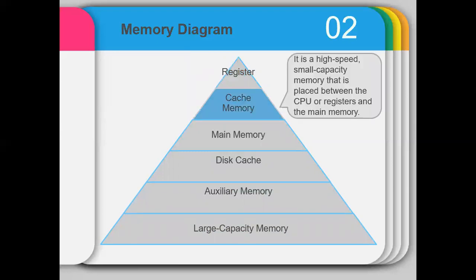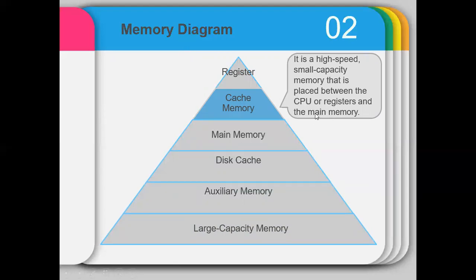Next, we will see about cache memory. It is a high speed memory and small in capacity, which is placed between the CPU, registers and the main memory. Of course we know that a CPU is very fast when compared to your main memory.